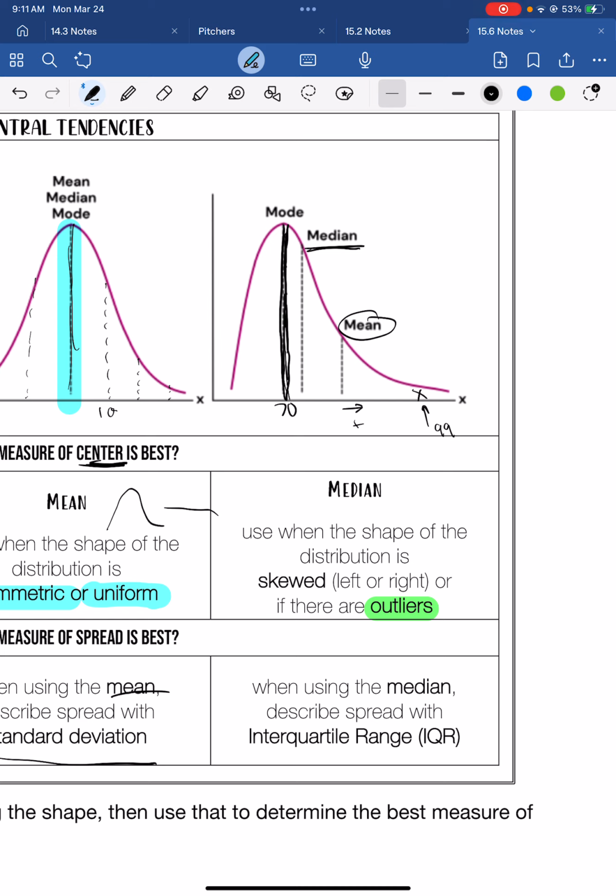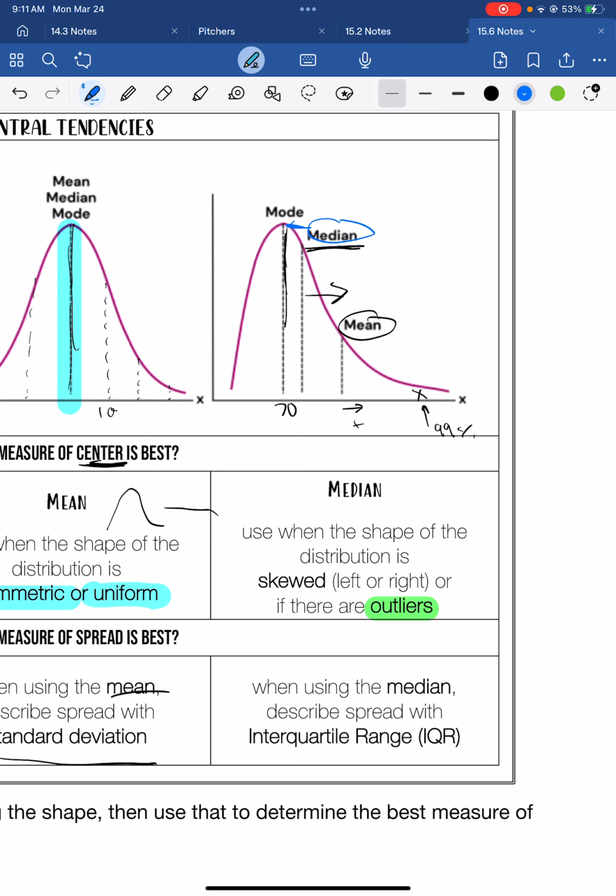Now, is this 99 a good representation of the class as a whole? Well, no, because most people got right around 70 here. This 99, all that does is drag your mean higher, even though that's not a great representation of your data. So instead, we're going to use the median, because the median is much closer, as you can see right here, to the actual representation of our data.